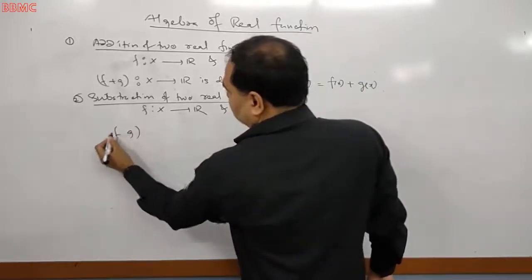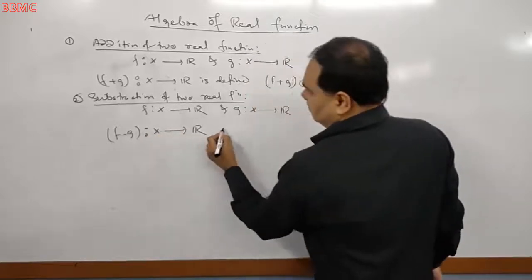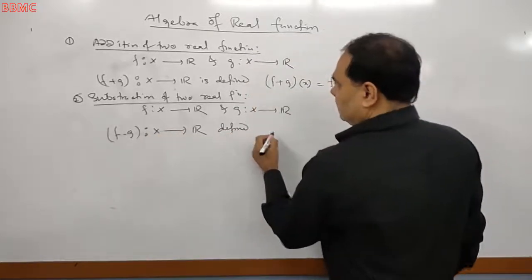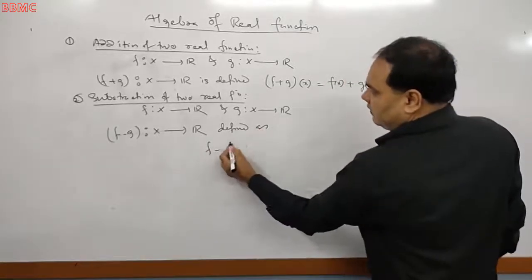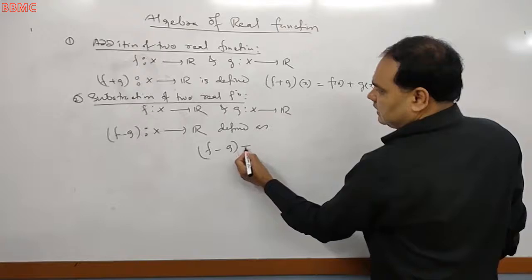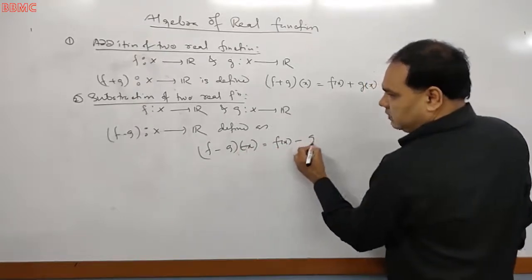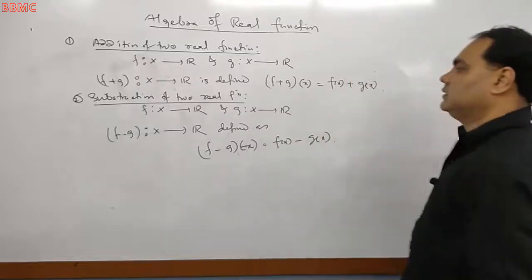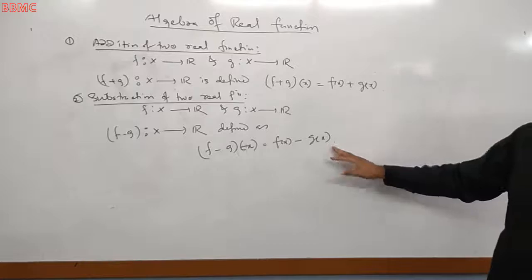Then f minus g, from X to R, is defined as (f minus g)(x) is equal to f(x) minus g(x). This is the subtraction of two real functions.